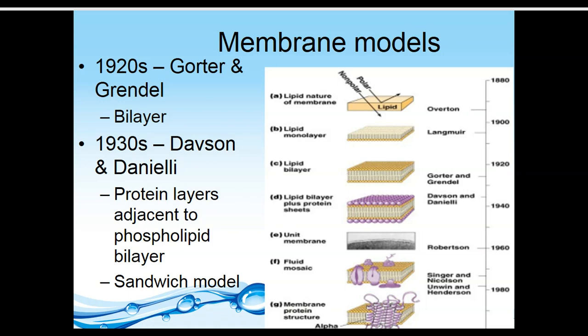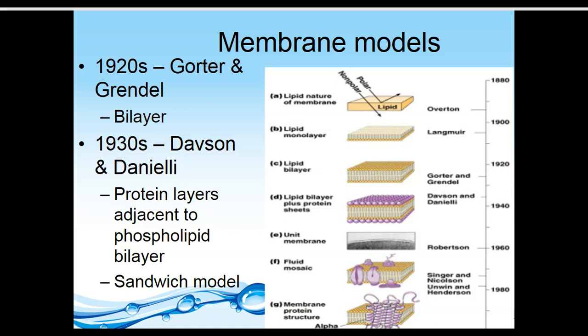So back in the early 1900s, prior to the 1900s, it was understood that the membranes had to be some kind of lipid, since polar molecules were repelled, couldn't just pass through. So maybe it was just one layer of lipids, and then in the 1920s, it was discovered, made sense that there had to be just a lipid bilayer. There's got to be some kind of bilayer going on.